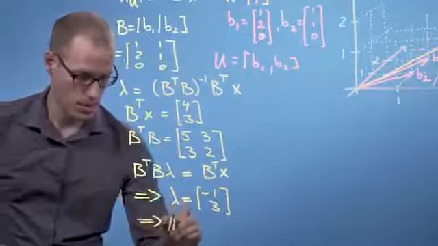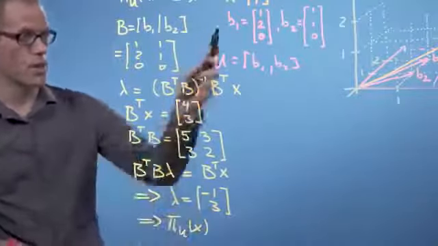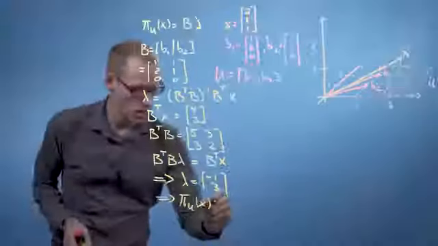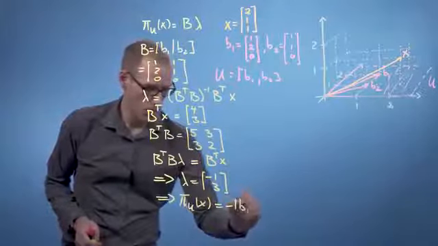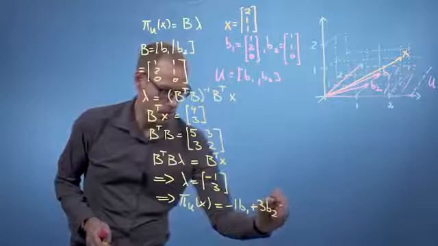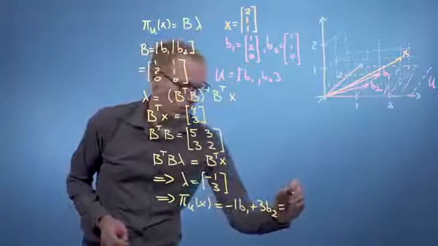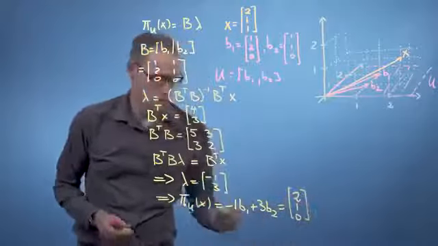And this implies our projection of x onto the space spanned by the two b vectors is -1 times b1 plus 3 times b2, which is (2, 1, 0).